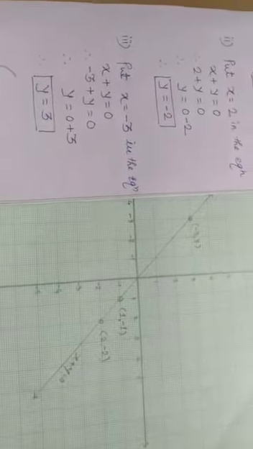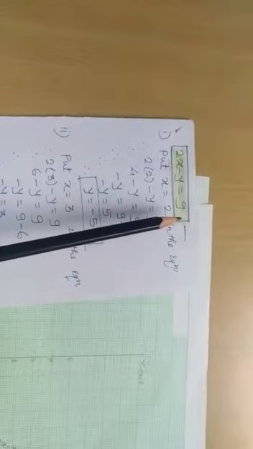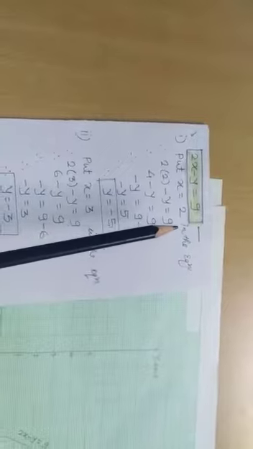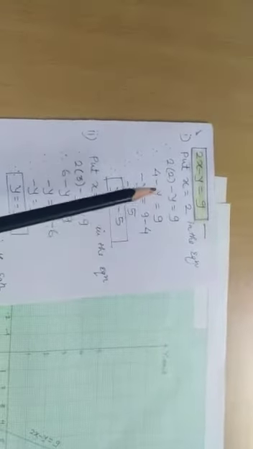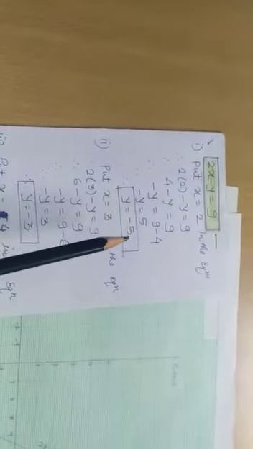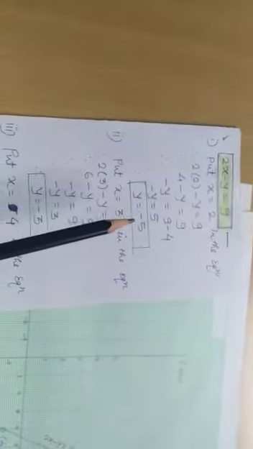Now we take second equation, 2x minus y is equal to 9. In this equation, put x is equal to suitable values and solve it, we get the value of another variable. If x is equal to 2, solving, y is equal to minus 5.